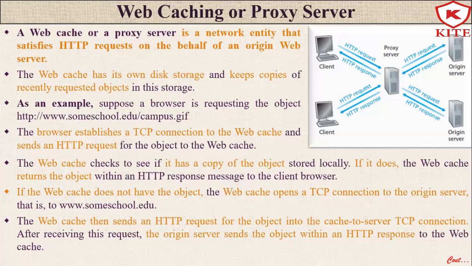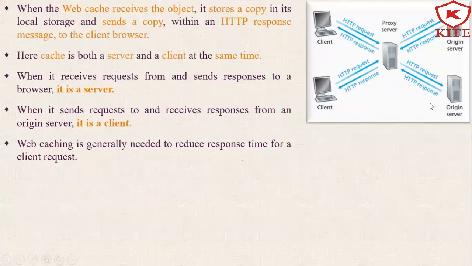The proxy server then works as a client and sends an HTTP request to the origin server, which responds to the proxy server. So for that object, the proxy server works as both client and server. When it receives a request from the browser and sends a response, it is the server, and when it sends a request and receives a response from the origin server, it is the client.